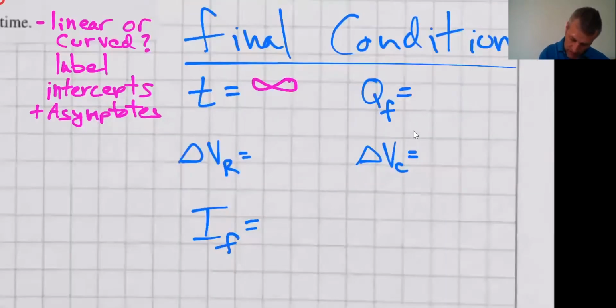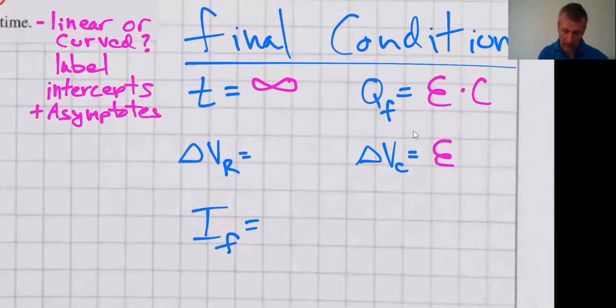So this is going to be epsilon C. Let's write that one up. Epsilon C. The voltage across the capacitor is the voltage of the battery. And there is going to be 0 voltage across the resistor because there is going to be 0 current flowing through.